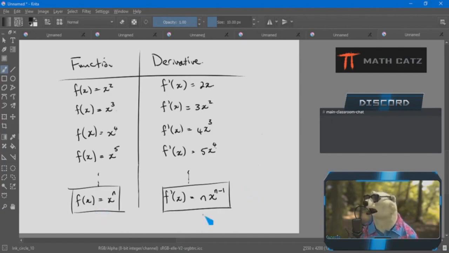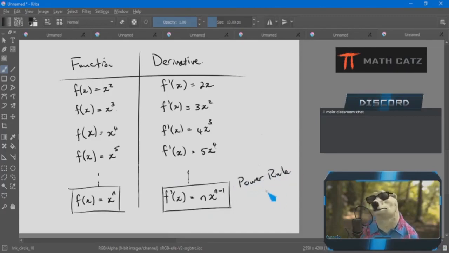Which means I need to find these links between the function and its derivative. And now I've seen that if I have a function that looks like x to the power of some integer, I have a formula, if you will, that links the function to how its derivative looks. We'll call that the power rule.